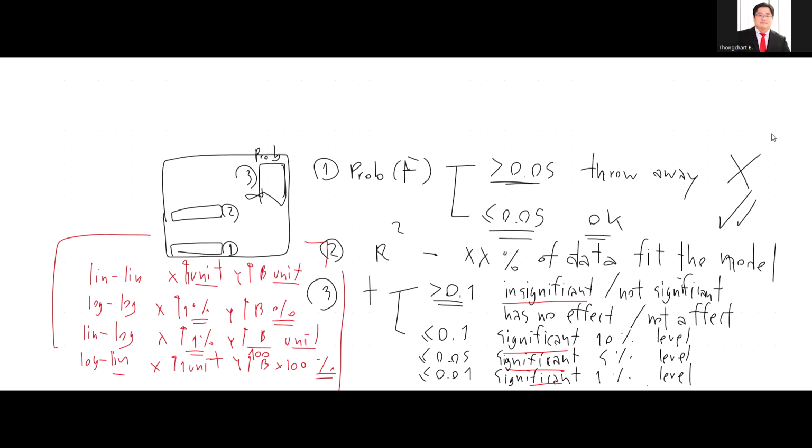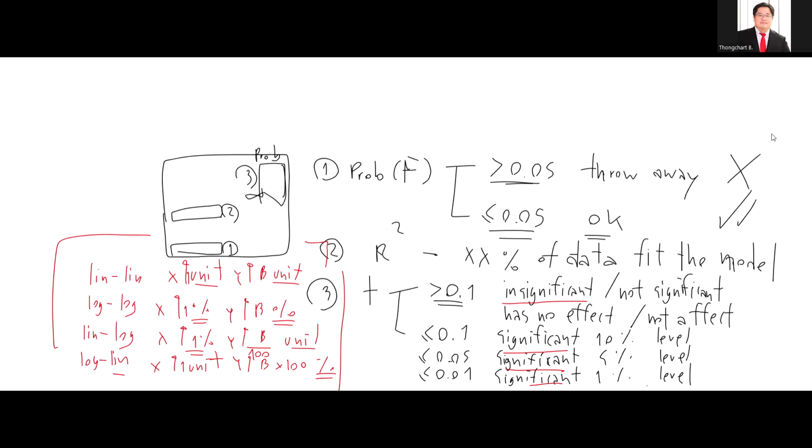In an exam or report, you may use more formal words, like the model overall cannot explain Y. But the meaning behind this is whether the model passes or not.